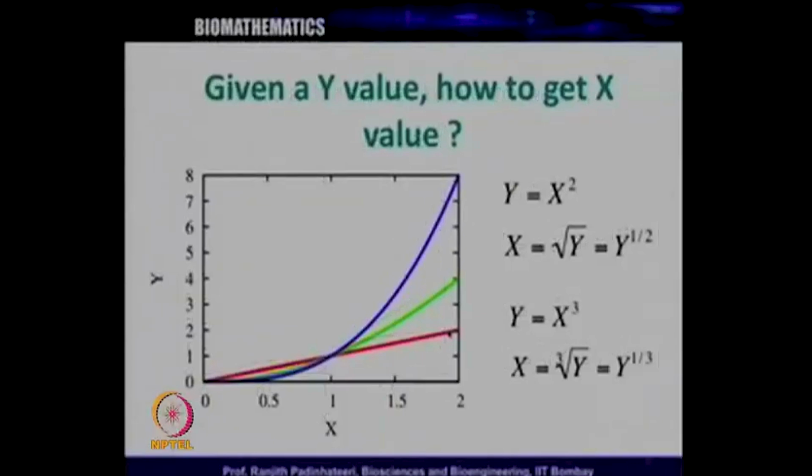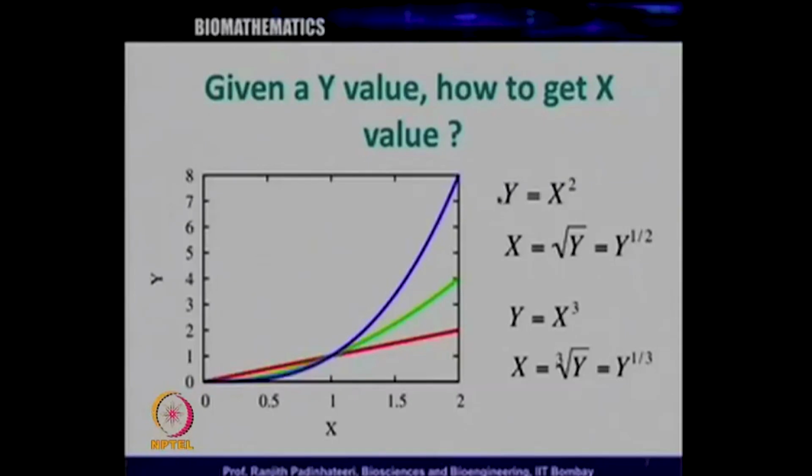Let us look at some examples. The red, green and blue curves are: y equal to x is red, y equal to x square is green, y equal to x cube is blue. We have seen this plot in the previous lectures. In any of these cases, if you know the y value, how will you calculate the x value?